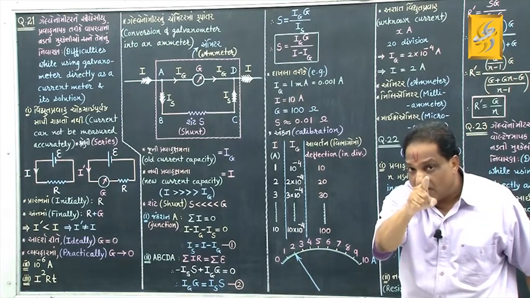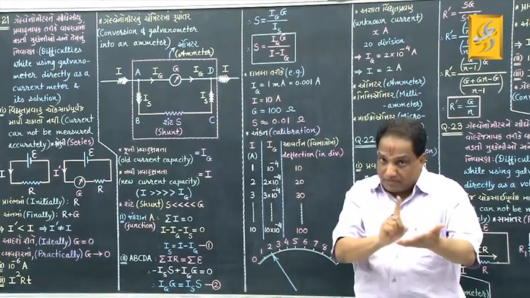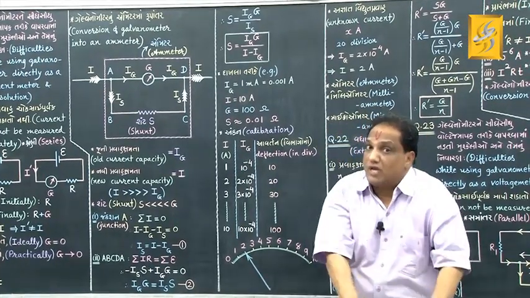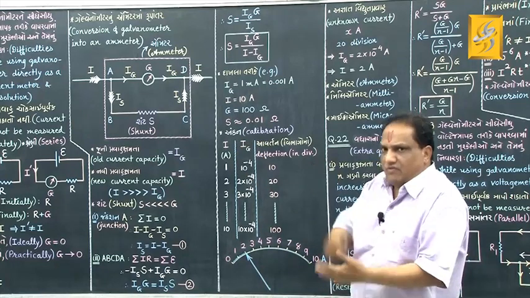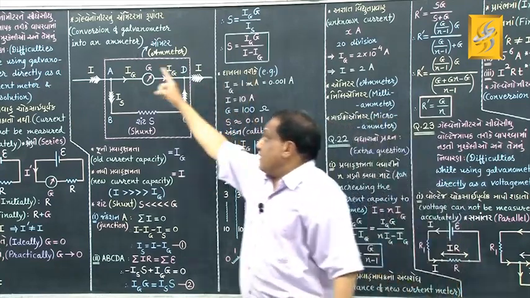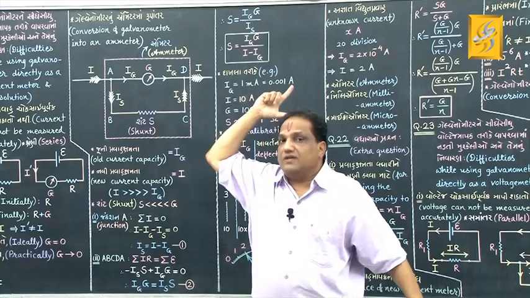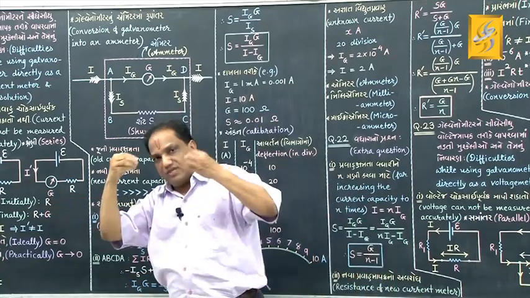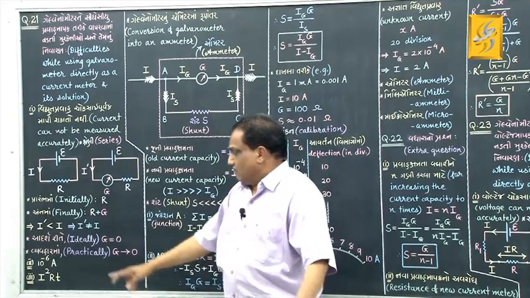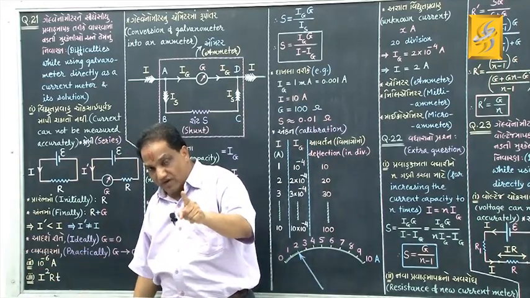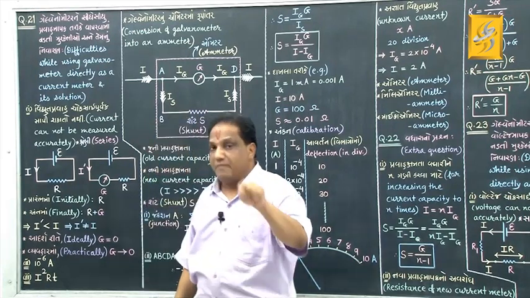And just now you had concluded, for accurate measurement of current, the resistance of current meter should be made as small as possible. That is what we have done. So now this parallel combination can measure current very, very accurately. So your first problem is solved, correct? What was second and third problem? When we tried to pass large value of current through the galvanometer, it was getting damaged.